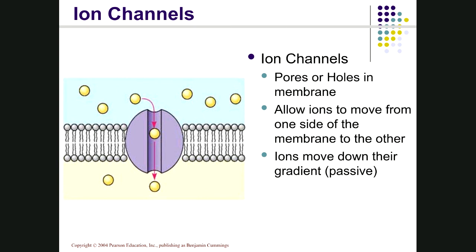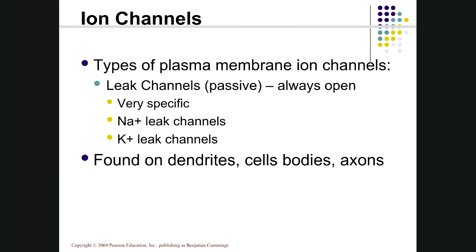Well, ion channels are just holes in membranes, but they're special holes. There are different types of these ion channels. One type of these ion channels are called leak channels. The reason they're called leak channels is things sort of leak through them very passively.